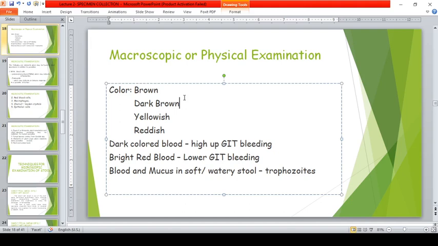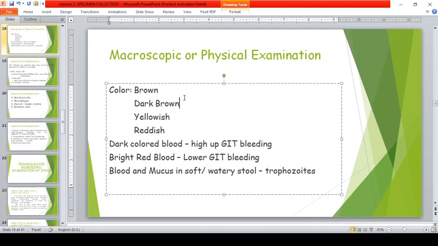Okay, ano yung nagbibigay sa kanya ng kulay? Na-discuss natin yan under bilirubin metabolism, the stercobilin. So, color of the stool can be indicative of the presence of parasite.